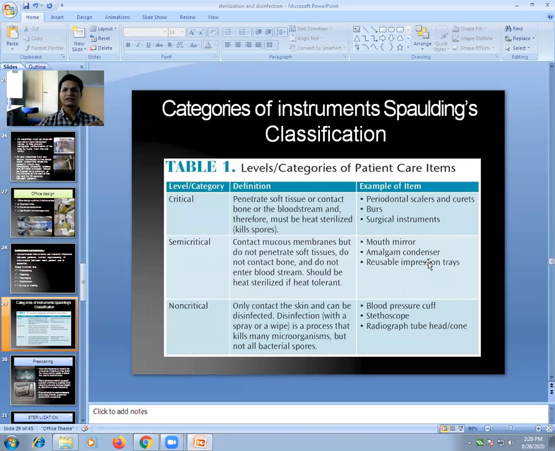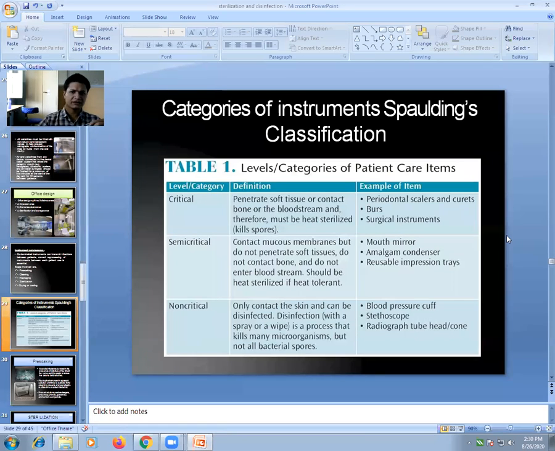Periodontal scalers and curettes, burrs, surgical instruments. Examples of semi-critical items: mouth mirror, amalgam condenser, reusable impression trays. Examples of non-critical items: blood pressure cuffs, stethoscope, radiograph tube head or cone.